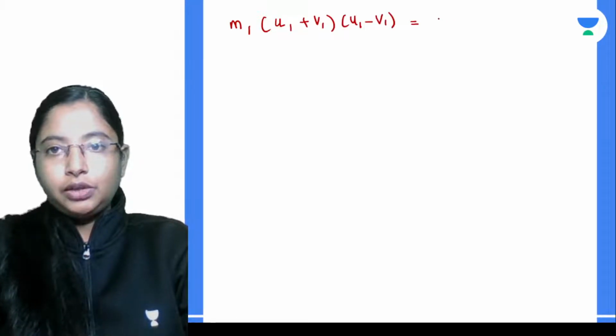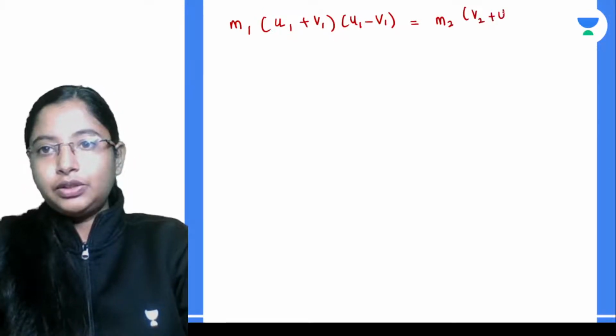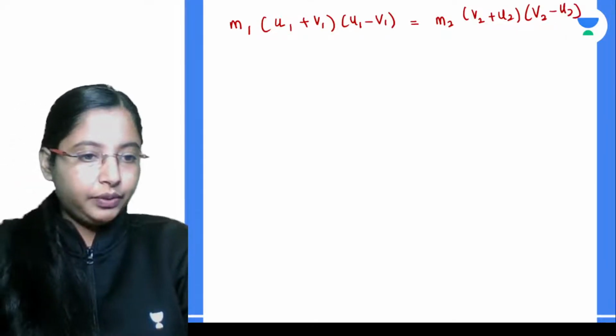This is equal to m2 into, on the other side, (v2 plus u2) into (v2 minus u2). This is equation number 3.